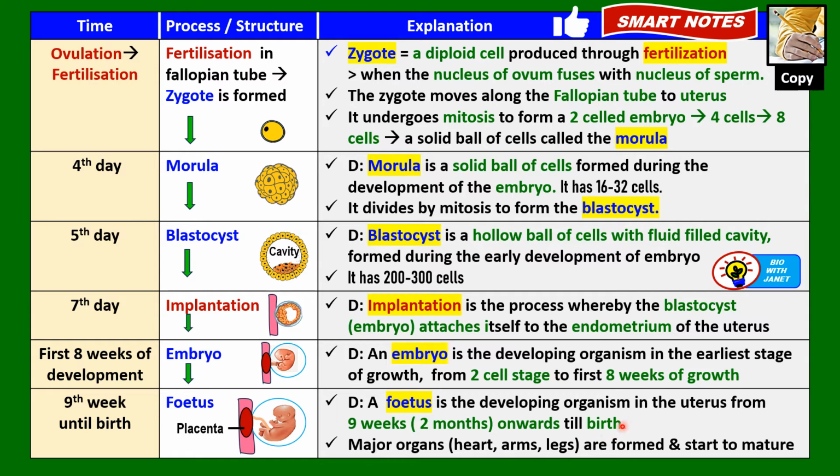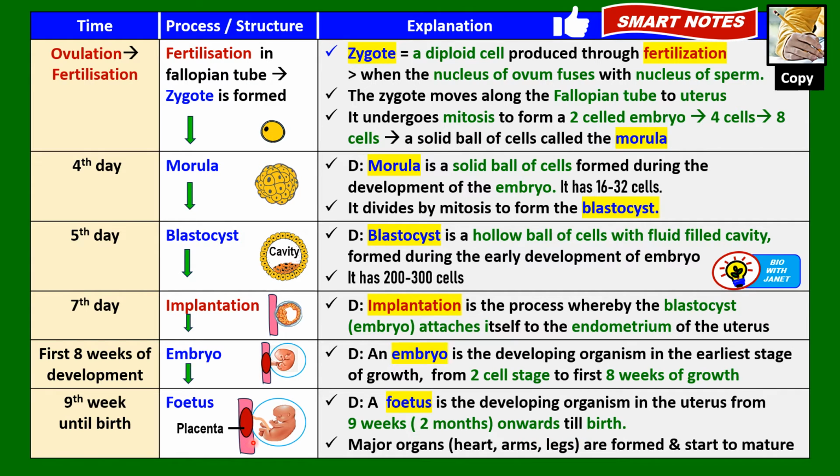So it's until 40 weeks. We usually say until 36 weeks, which is 9 months. But actually, this has been revised by certain associations, and the period of pregnancy till full term is about 40 weeks.